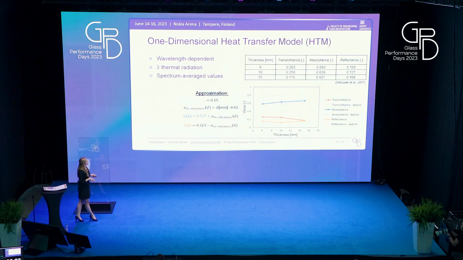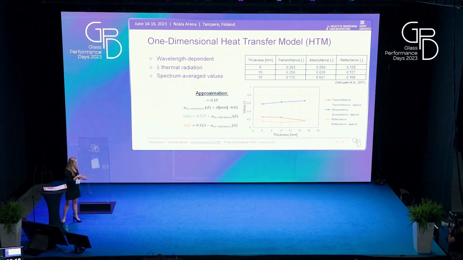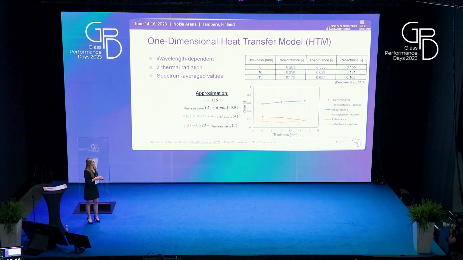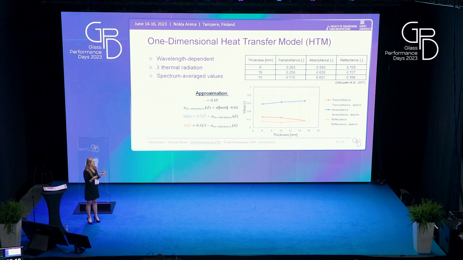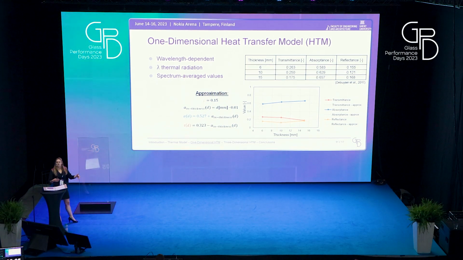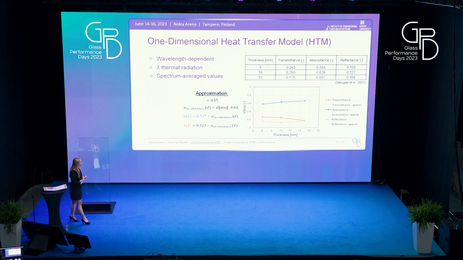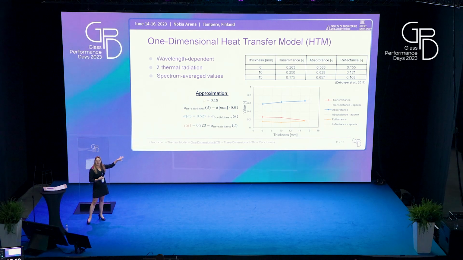So as a first step, we made use of spectrum averaged values. These are values that were analyzed by a student at Ghent University in 2017. He did radiant panel tests and actually measured the different values for the transmittance, the absorptance, and the reflectance. And if you put that data in a graph, you can actually see the trend that I was talking about in the previous slide.